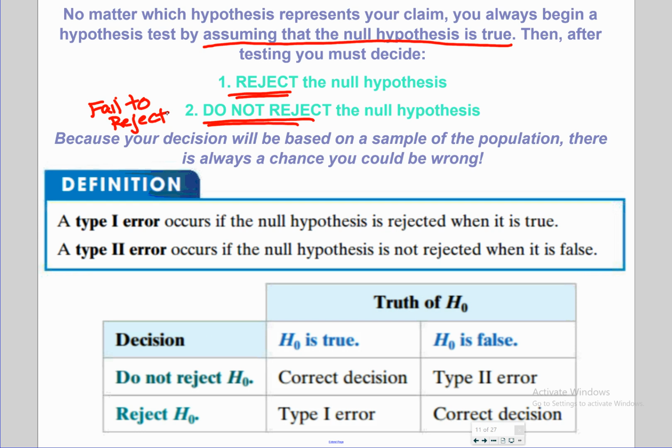If we have a true hypothesis and we do not reject it, so we're not saying it's false, that is the correct decision that's made. If we have a false null hypothesis and we reject it, that is also the correct decision that is being made. The errors occur when it's true, but we reject it, so we say it's false, or vice versa.